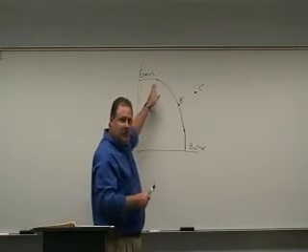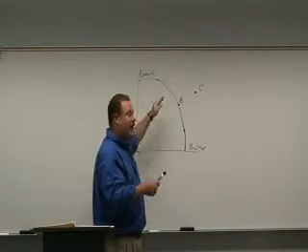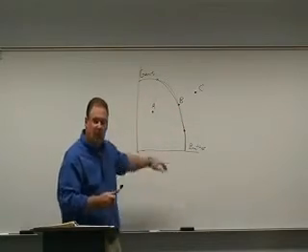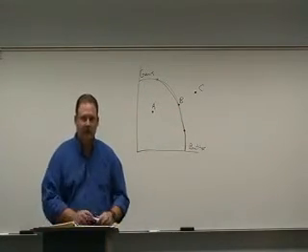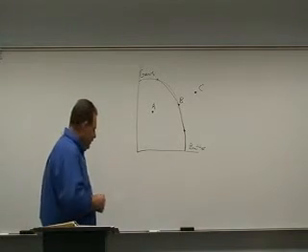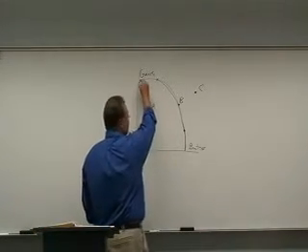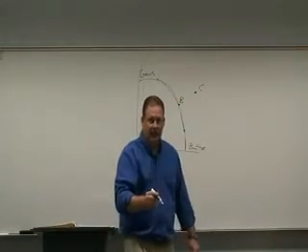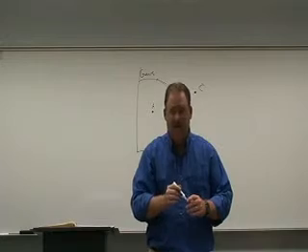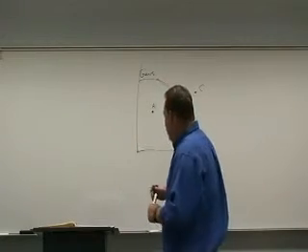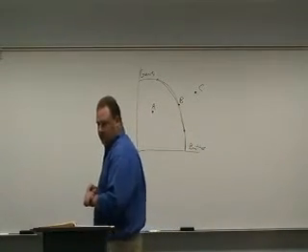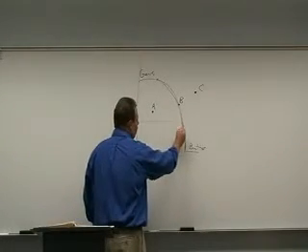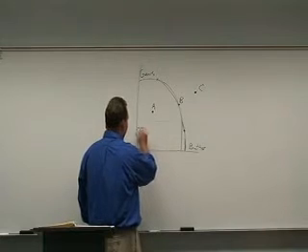But this curve shows us that we have to make choices. That's an opportunity cost. It also shows us there's only so much we can do. That's scarcity. Now, one other thing that this curve shows us is why the curve is bowed and not a straight line.